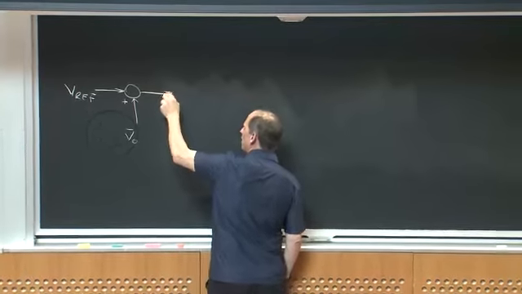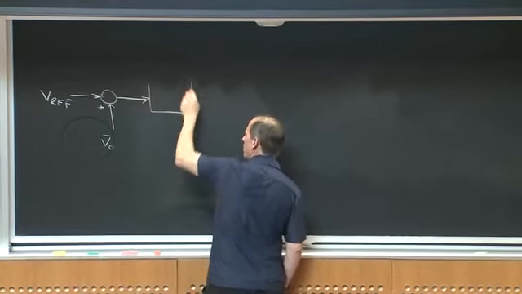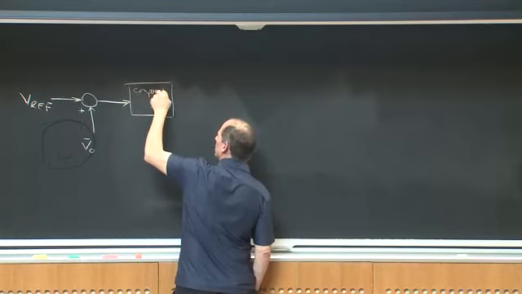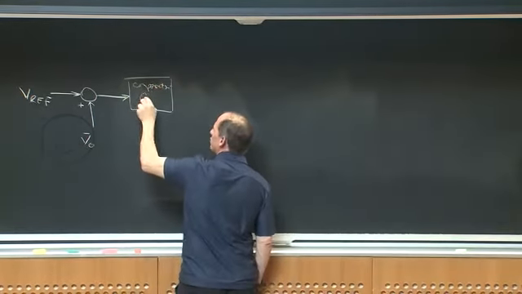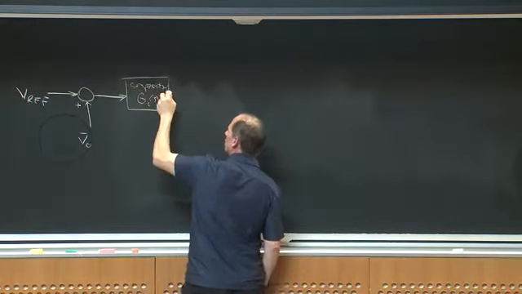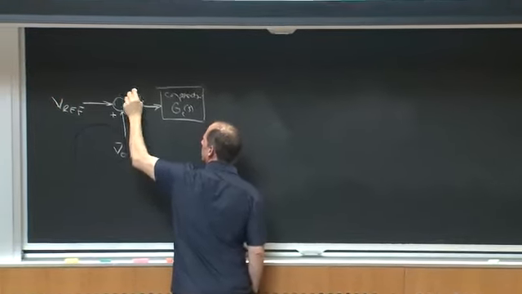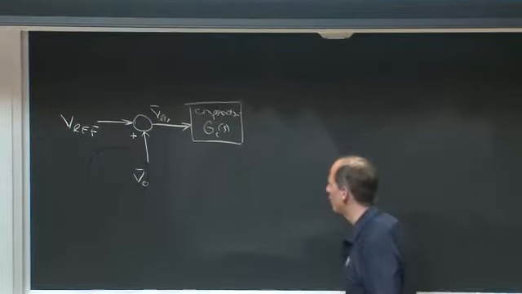I'll put that into some compensator, which maybe I'll call GC of S, right? So this is the error. Maybe I think about the local average error.